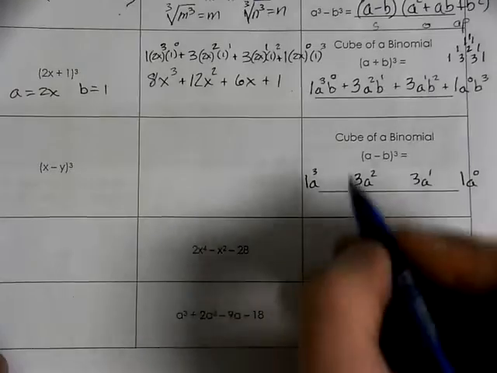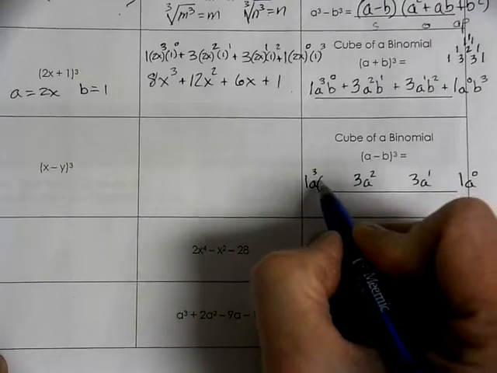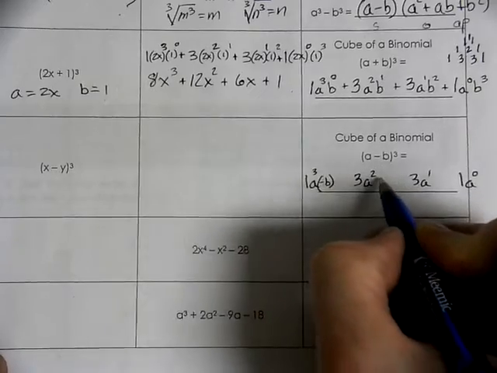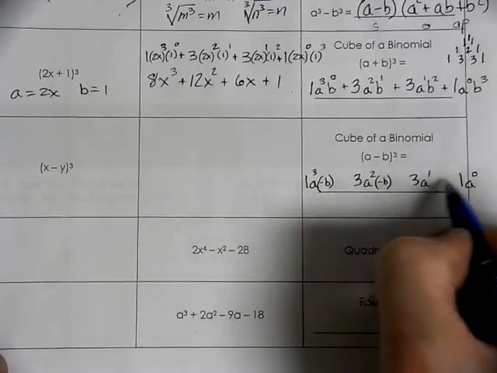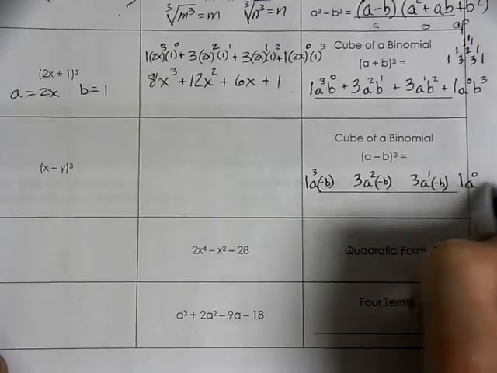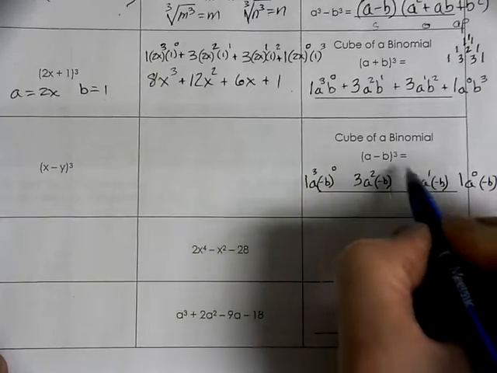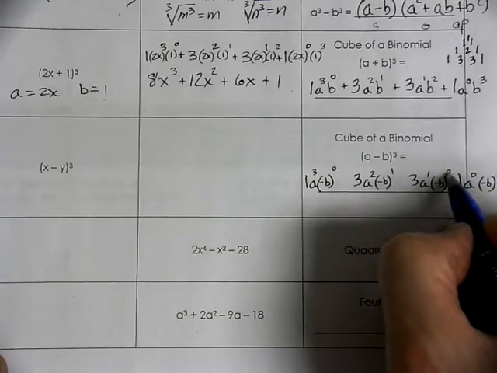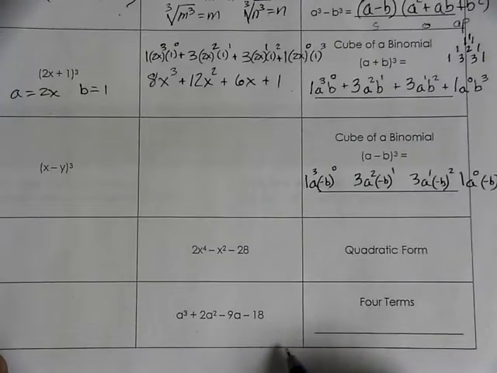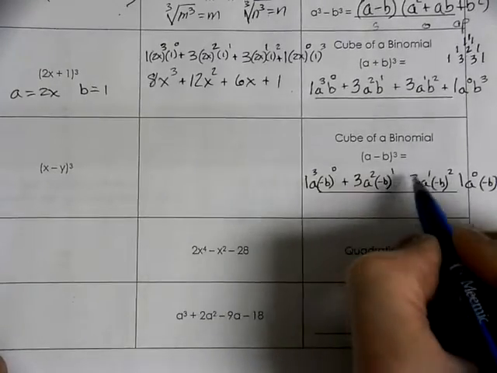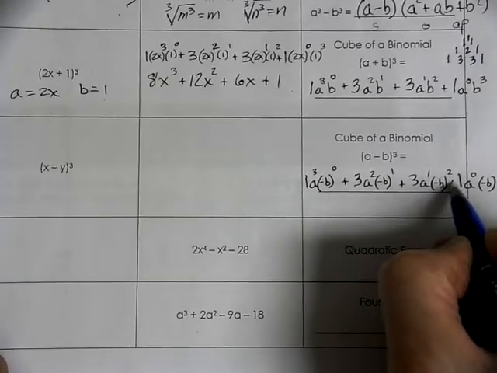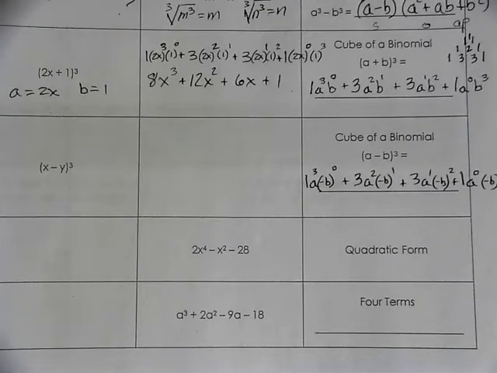Then we're going to put our B term next to that, which in this case we're going to call negative B, negative B, negative B, and negative B. That would be to the 0 power, to the first power, to the second power, to the third power. And put pluses, just like before, in between. So that's your pattern of what you're going to have.